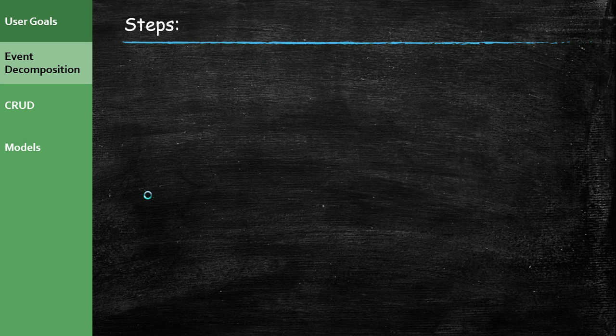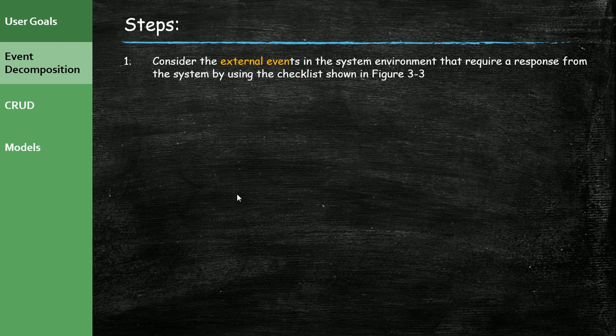Let's break this down into the steps. There are 7 steps in our event decomposition process. The first step is to consider the external events in the system environment that require a response from the system by using the checklist shown in Figure 3-3. This is obviously from the textbook.